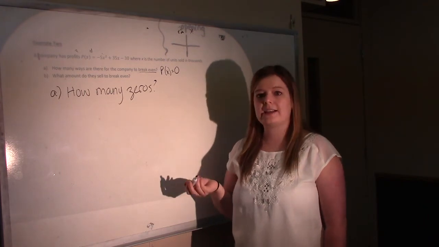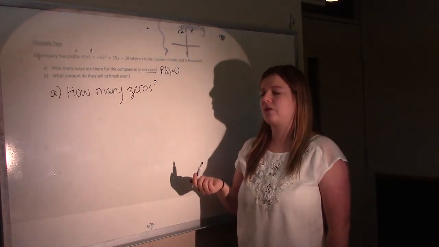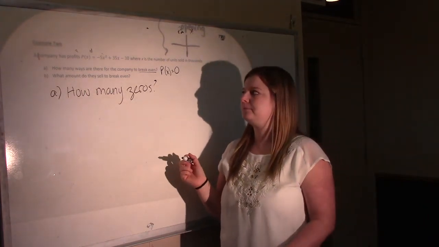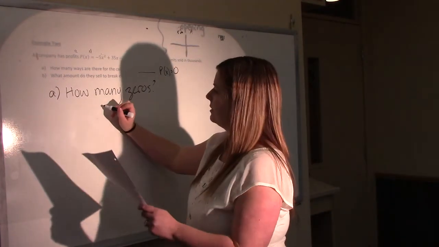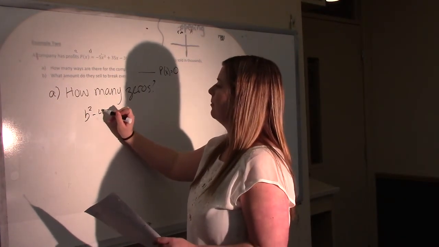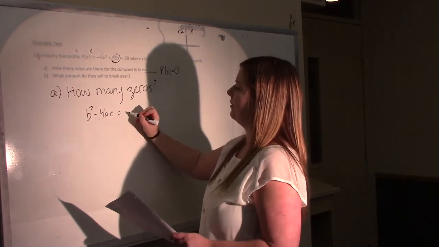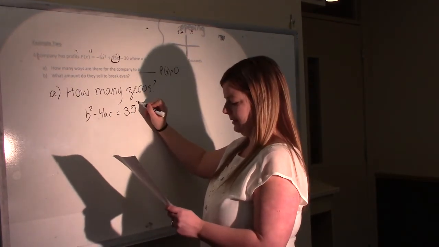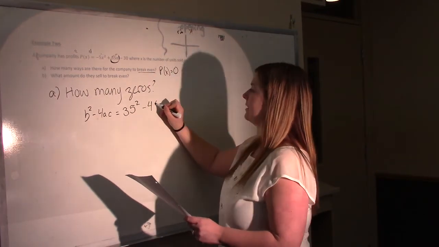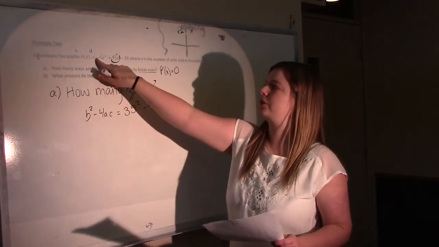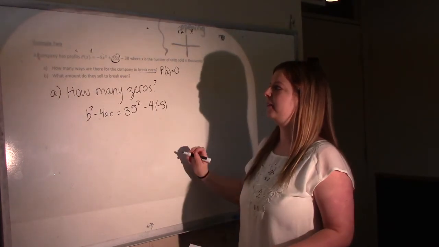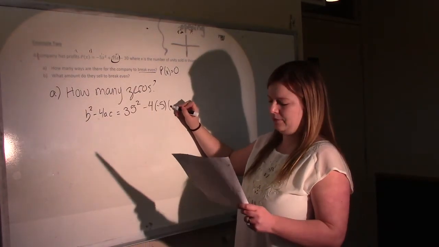Again, recognize what form it's in. Standard form. That means we use the discriminant. So b squared minus 4ac is equal to, b is 35, so 35 squared minus 4 times negative 5, make sure you include that negative as part of the a value, times c, which is negative 30.